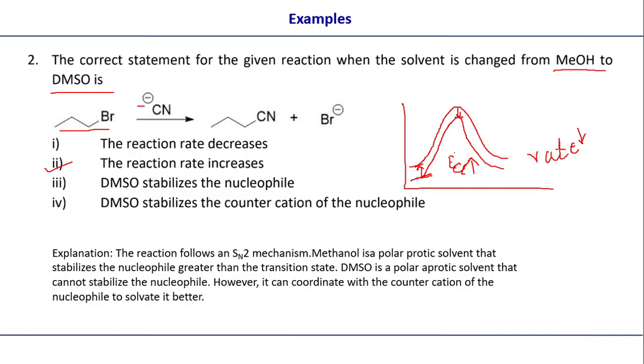That means it can coordinate the cation of the nucleophile to solvate it better. As DMSO cannot stabilize here because it is an aprotic solvent, the reaction rate will increase because stability will not be there in the reactant, and the activation energy will be lower for the DMSO case. That's why the rate will increase in case of DMSO.